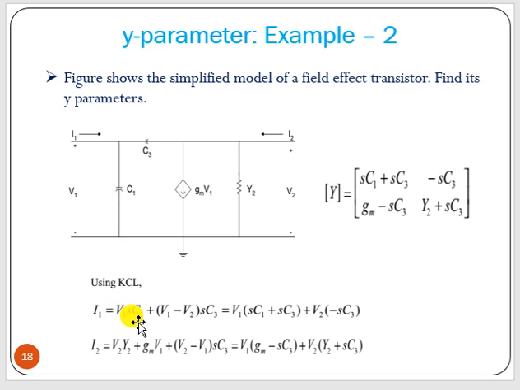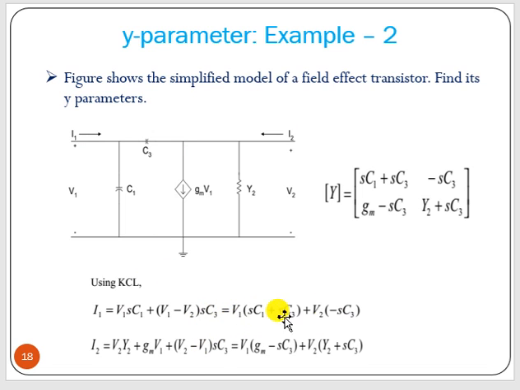In that case this will be S into C1, because we have to take the Y, not the X. We have to take Y. That will be V1 into SC1. Now here the current is V2 minus V1, or say V1 minus V2, so V1 minus V2 into SC3.